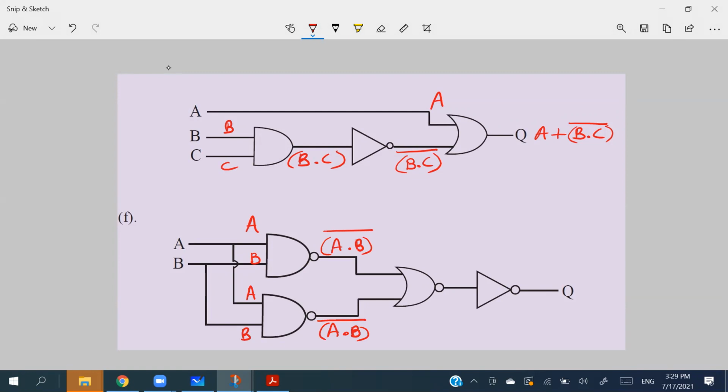And when it comes to this point, what is happening? A dot B total bar is there, plus A dot B total bar is there. So those are the things which are received. So they got added and they should be complemented.